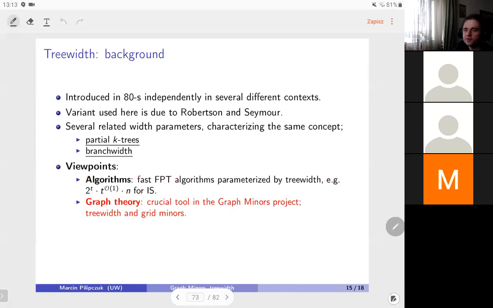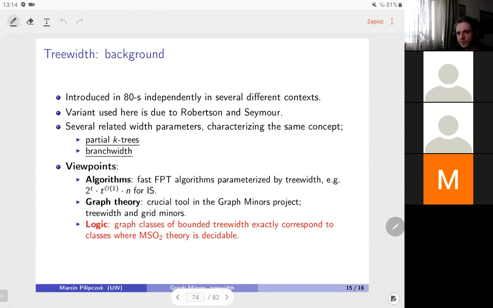In graph theory, as we are speaking about it, tree decomposition is one of the main tools used in graph minors theory. But also the logic people like treewidth, because it turns out that bounded treewidth graphs are exactly the maximal class of graphs where monadic second order logic queries can be efficiently computed. This is the logic where you can quantify over subsets of vertices and subsets of edges.